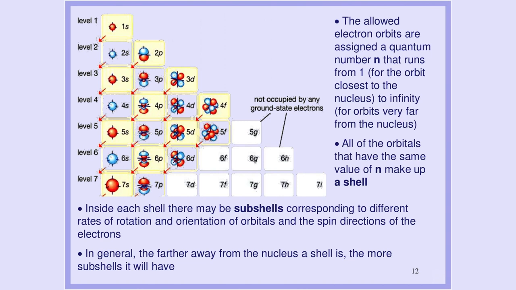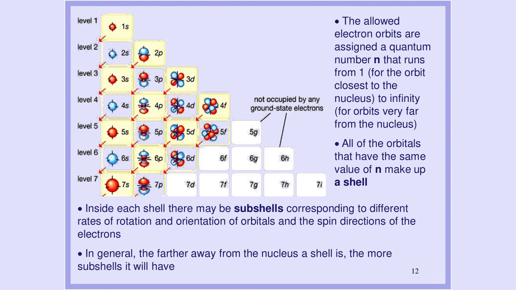Inside each shell, there may be subshells corresponding to different rates of rotation and orientation of orbitals and the spin directions of electrons. In general, the further away from the nucleus a shell is, the more subshells it will have.